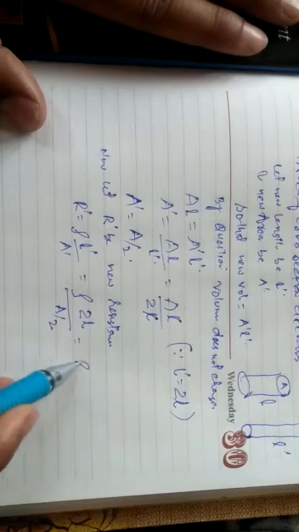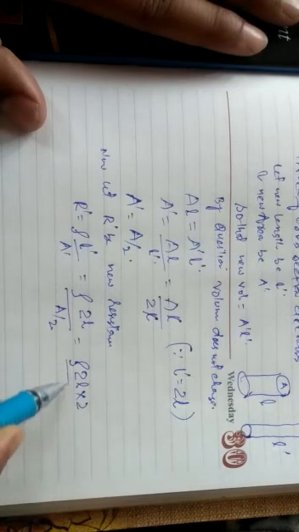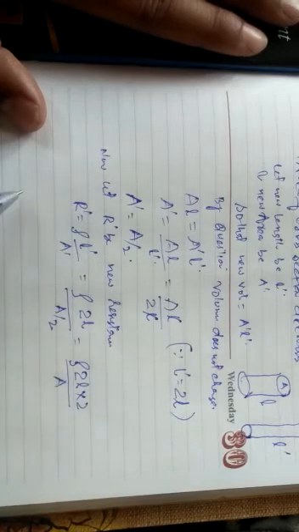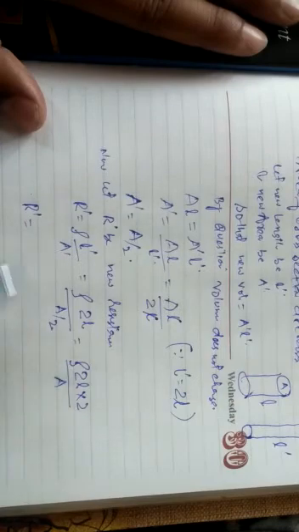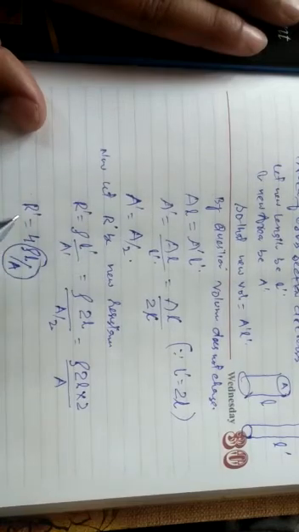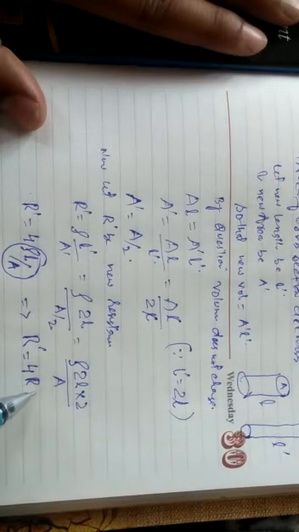It is simply rho 2L into 2 by A, so R dash comes out to be 4 times rho L over A, which implies R dash is equal to 4 times R.